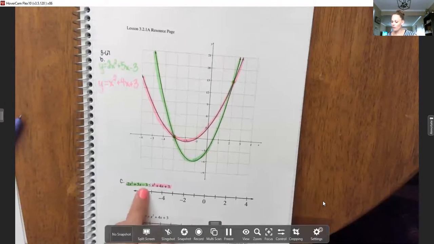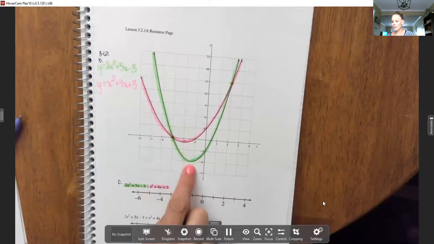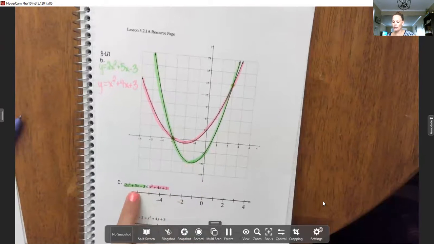So basically, if it's less than, that means it's going to be below it. So we're asking, when is the green one below the pink one?